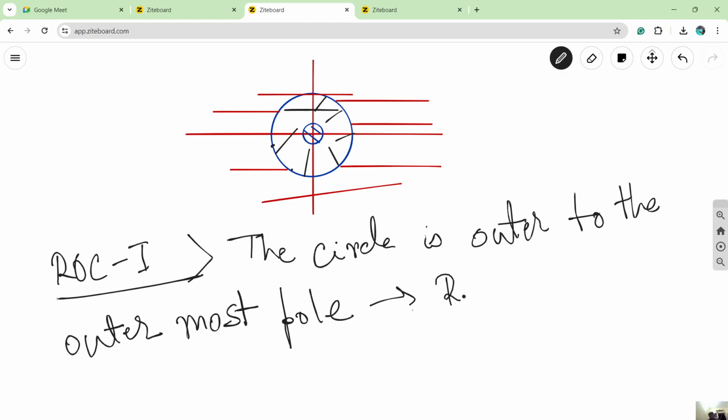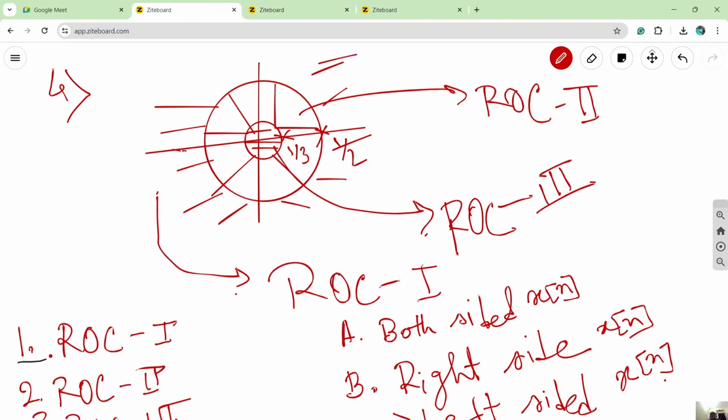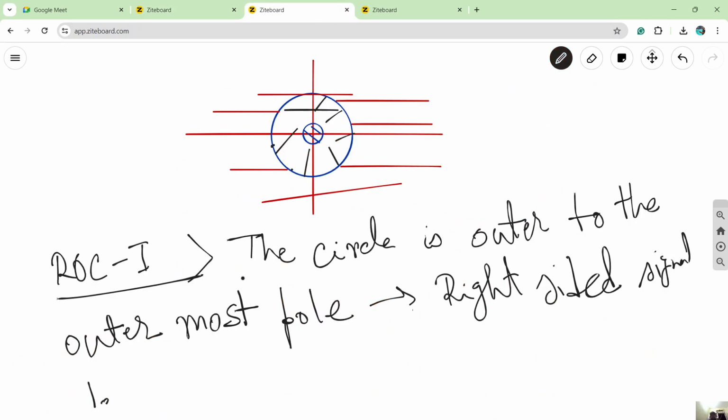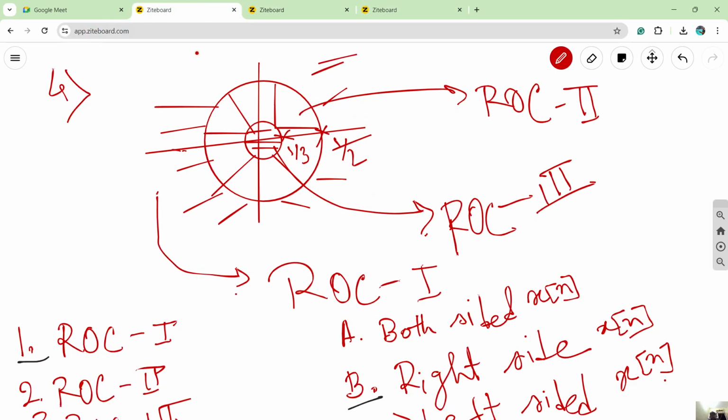So this is a right-sided signal. So number one here is B. One is B. So we can write one is B.